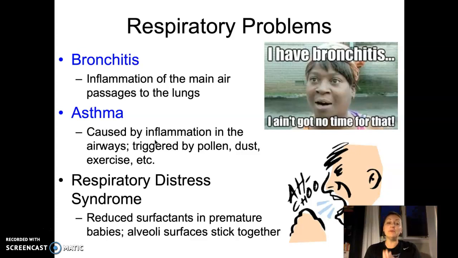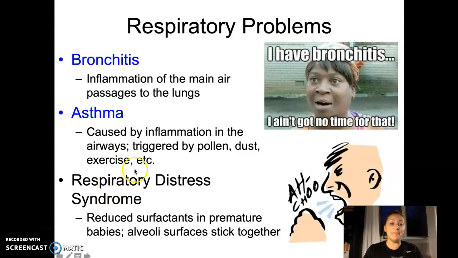And in premature babies, those surfaces tend to get more stuck together because their bodies haven't started making surfactant, that fluid within there, simply because the lungs are the last thing to develop because we need them the least until we get outside of mom's body.